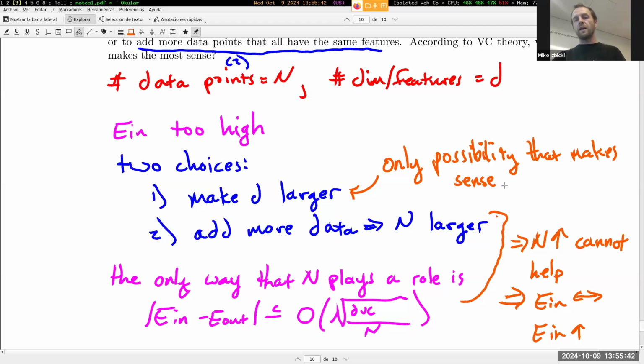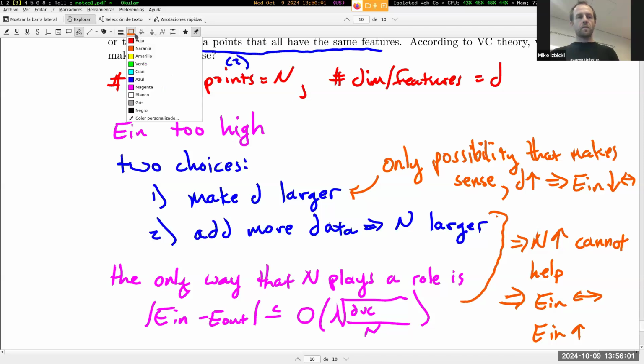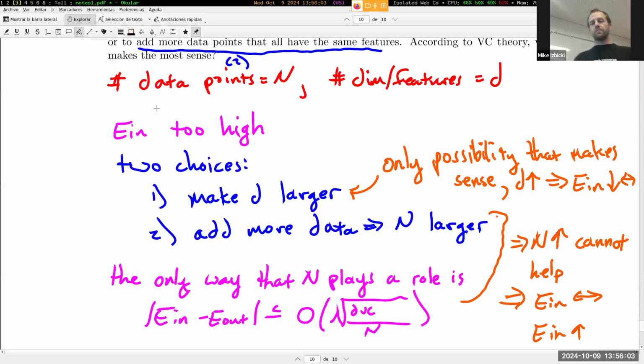We haven't explicitly discussed a theory that says that, but d increasing will imply that E_in either goes down or possibly stays the same, but never goes up. So yeah, super important line of reasoning here. Any questions about that? Yeah, good.